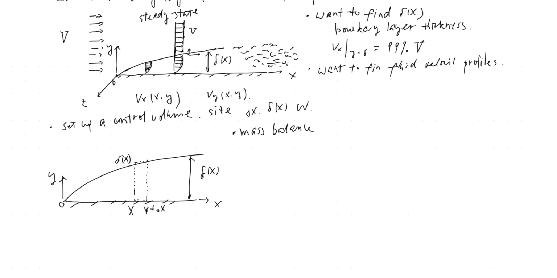And let me draw the control volume in 3D. The length is delta x, the height is delta, and the width is W.